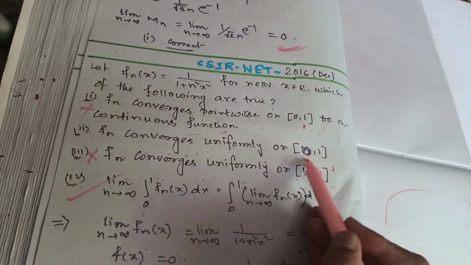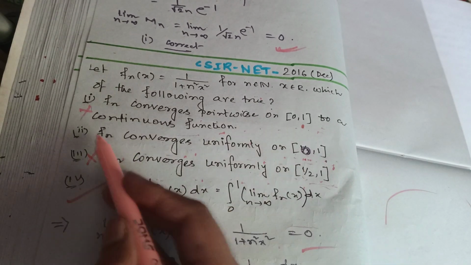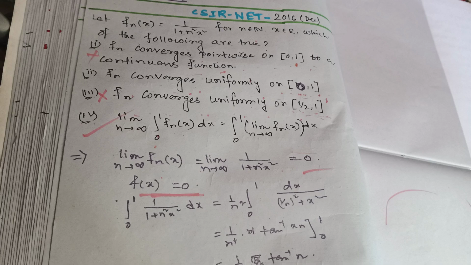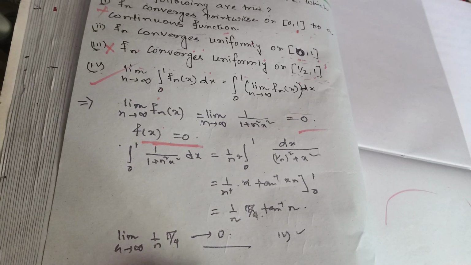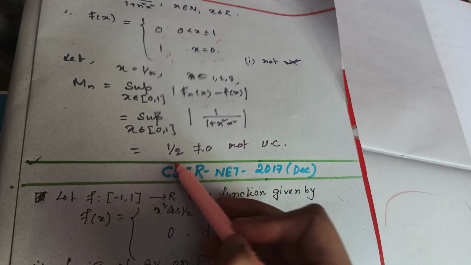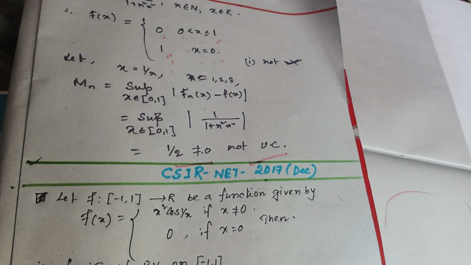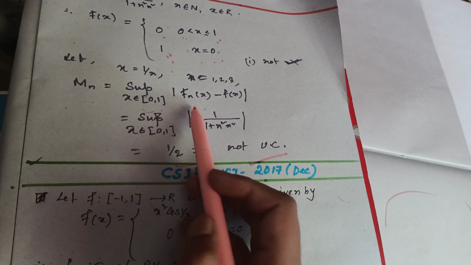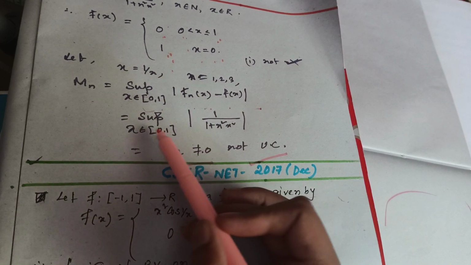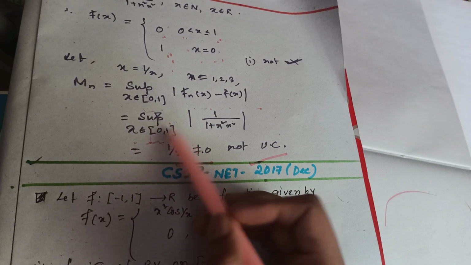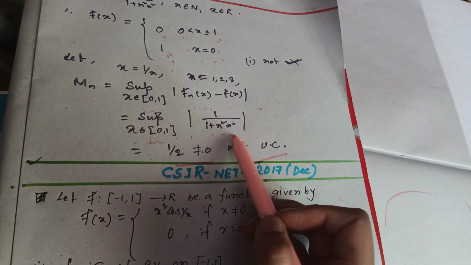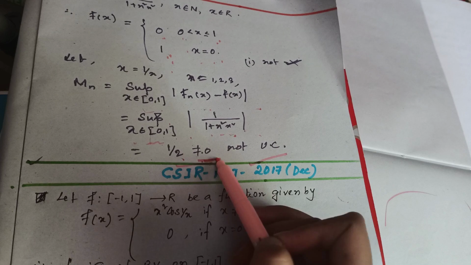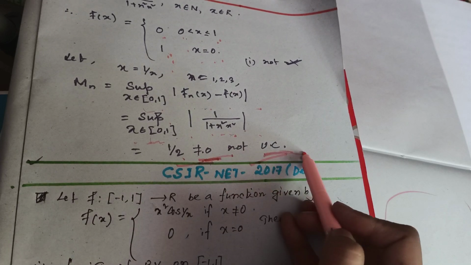If we consider the closed interval 0, 1 and put x equals 1 by n, we get obviously half, so not equal to 0. Capital Mn equals the supremum over x in closed interval 0, 1 of mod fn x minus f x, that is the supremum of 1 by 1 plus n square x square, which is half, not equal to 0, so it is not uniformly convergent, so this is also an incorrect option.